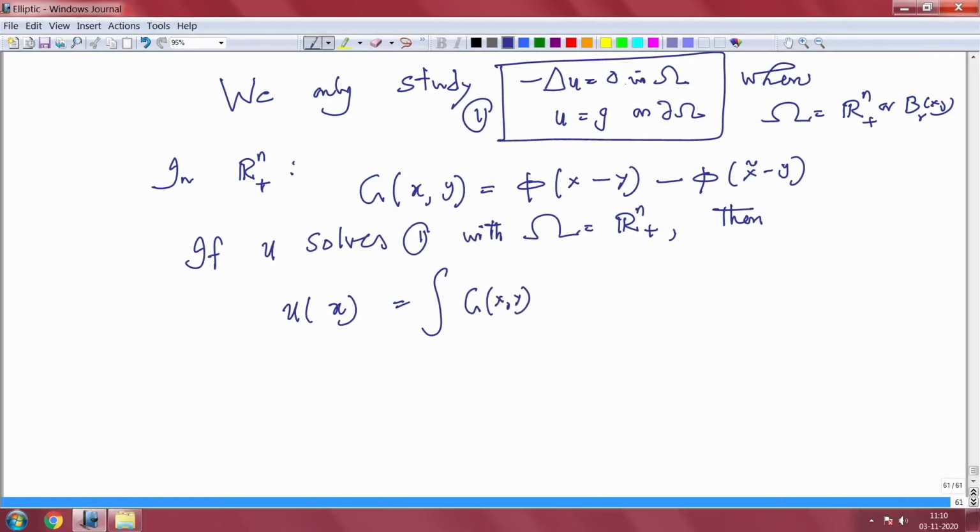That term won't come, f is 0, because we are not considering it in this case.